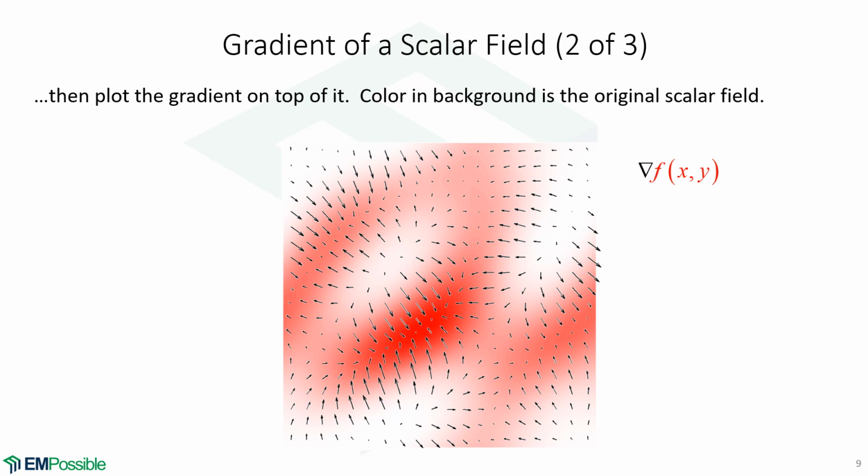That's the gradient. So for example, over here, up is in this upper left direction, even though the absolute peak is way down here. The gradient isn't smart enough to know that. The gradient points up based on what is the steepest up right at that point of interest. So that's the gradient of a scalar field.